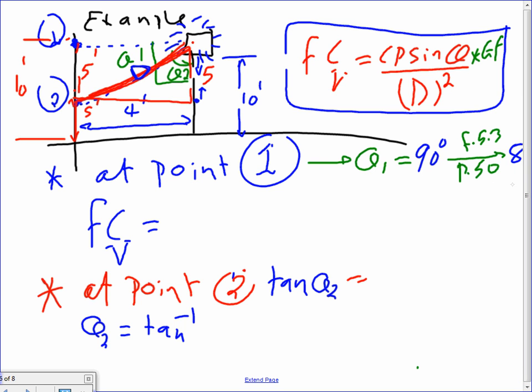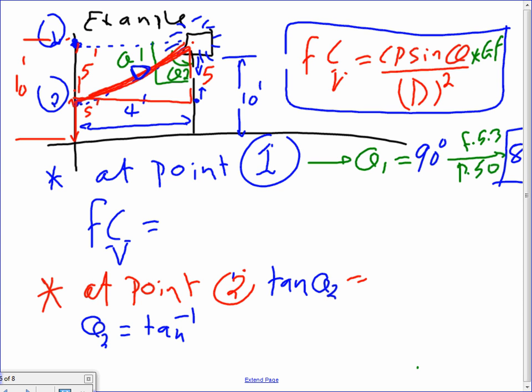This is 8. The contribution, 8 candela, not 8 foot candle. 8 candela. Cool? Any question where I came up with the 8? No? Directly from the 90, this big.